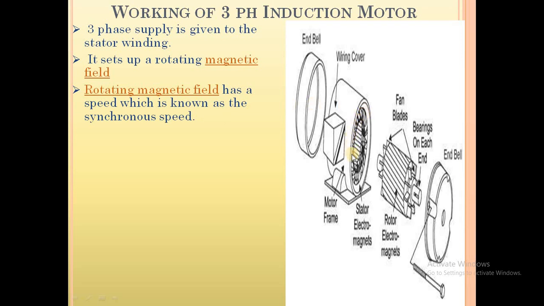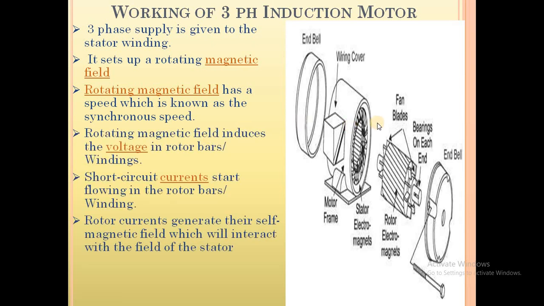When we give supply to the three-phase stator winding, a rotating magnetic field is produced around the stator winding and in the air gap, which is provided between the stator winding and the rotor winding. So the flux is also in the air gap.